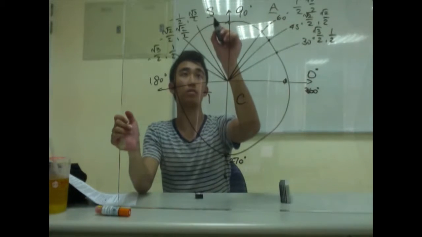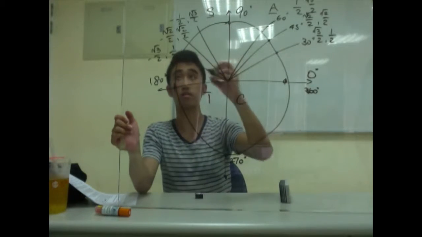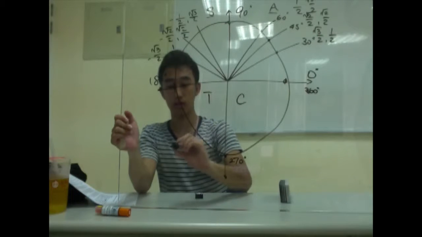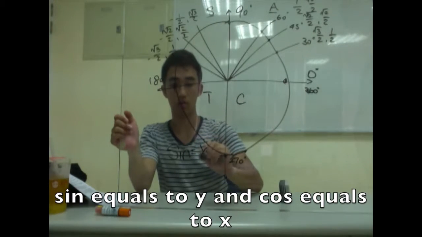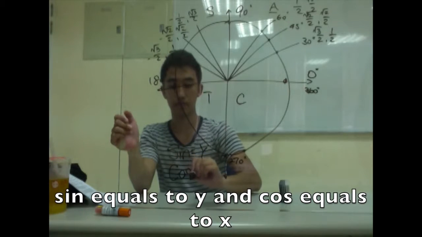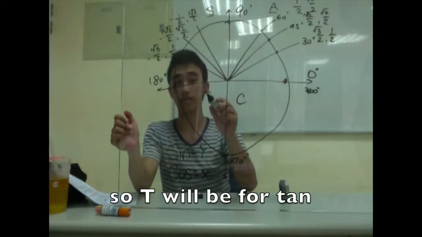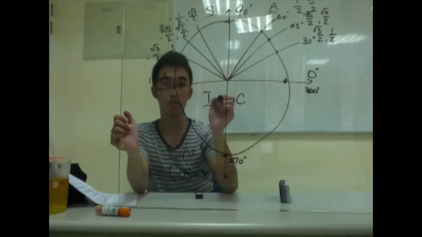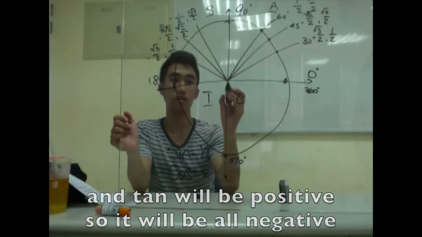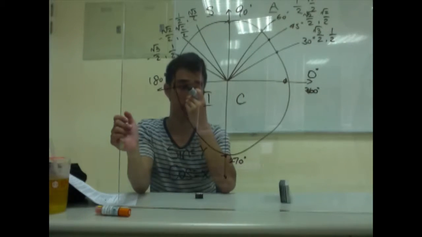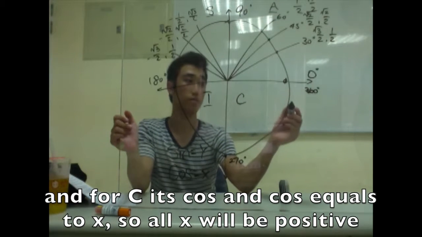For S, sine will be positive, where sine equals y, the y point, and cosine is the x point. T is for tangent, and tangent will be positive, so all others are negative. And for C, it's cosine, so cosine equals x, so the x point will be positive.